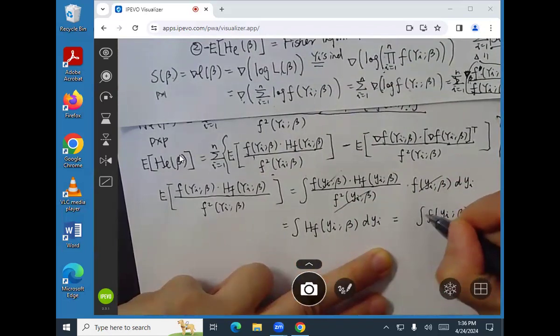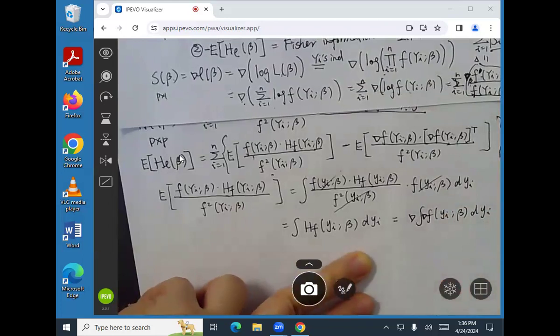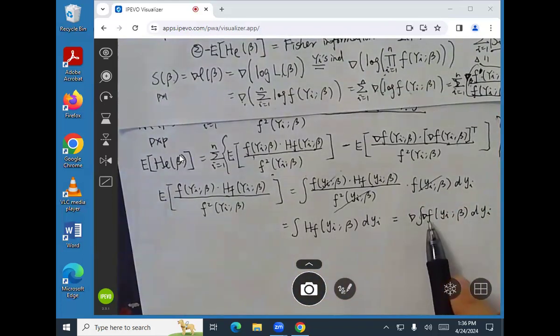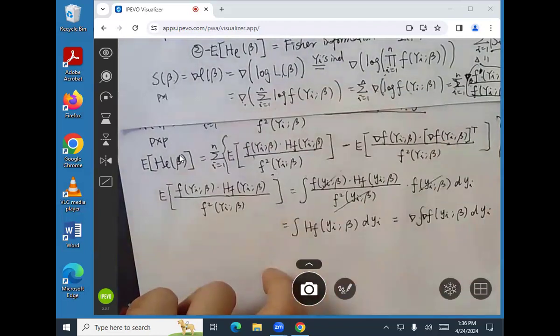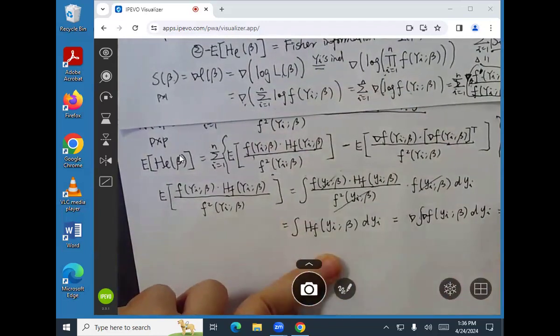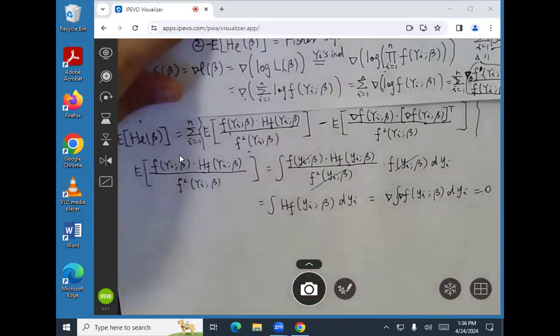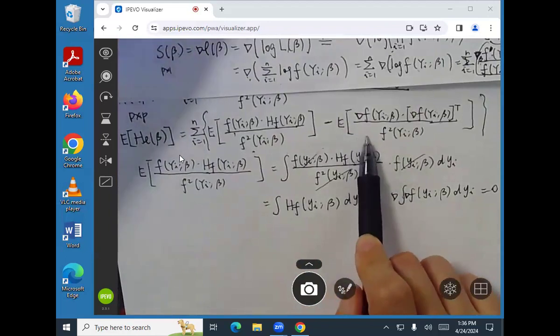Maybe I just move one of the derivatives outside like this, so I'm taking the gradient and another gradient again. Basically I'm saying that if we already know from the previous result that the integration of the gradient of f is 0, then it's for sure 0. So this is just 0. That's for the first term. Then I only need to worry about the second term.